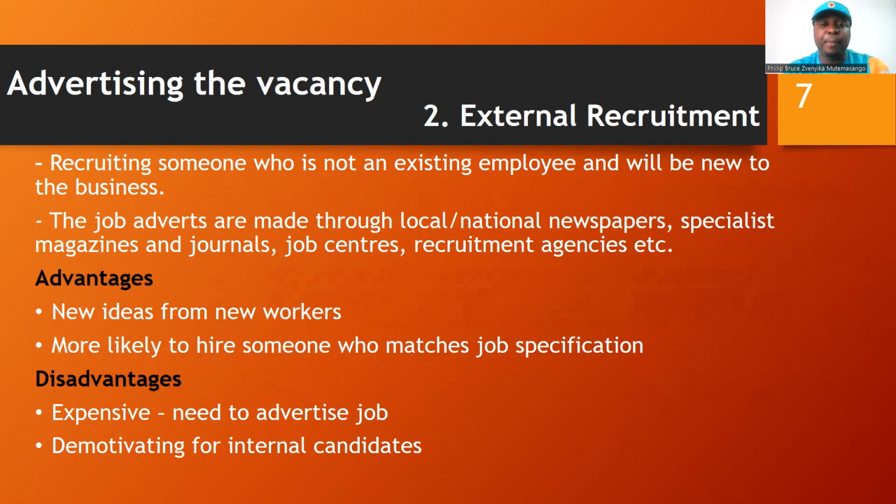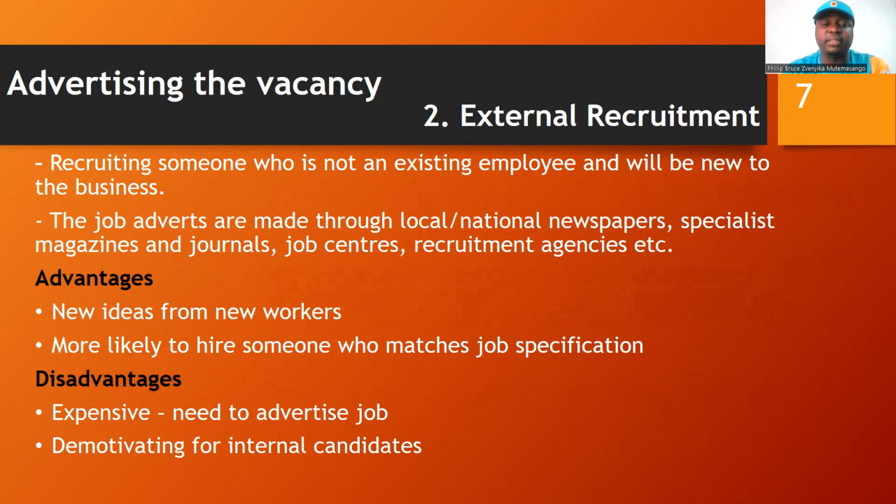But however, the moment you decide to recruit externally, it's a very expensive way because you need to advertise the job through various centers, through agencies, and they may charge you a higher fee for their services. And if you're a small business, you may fail to afford such costs.